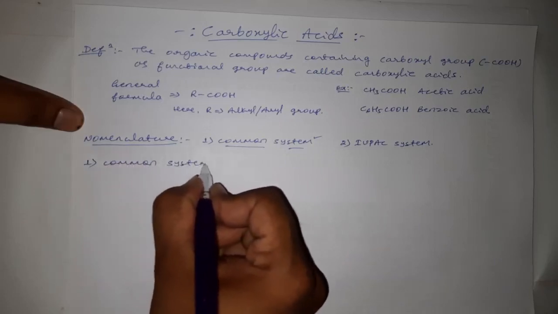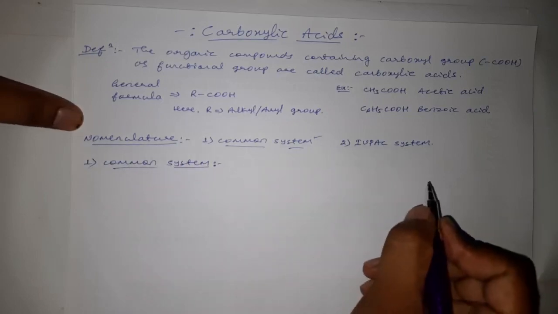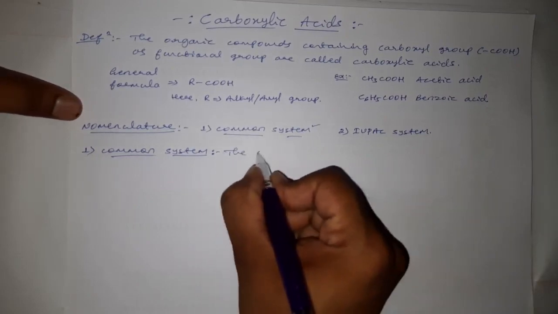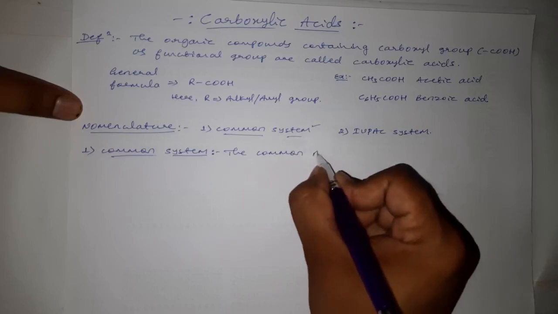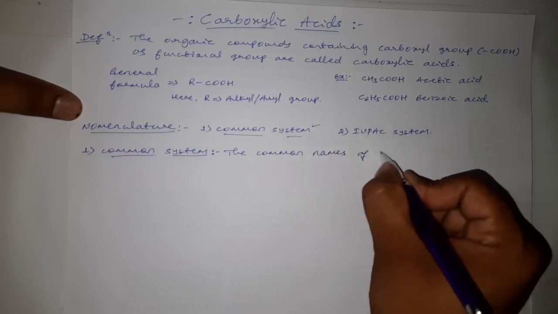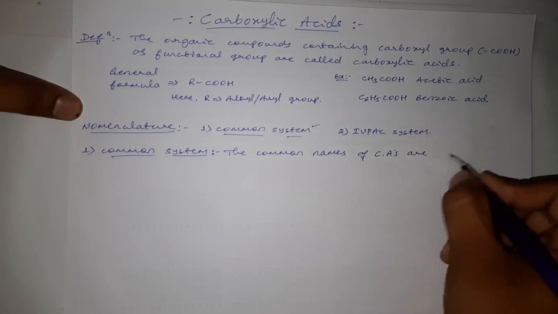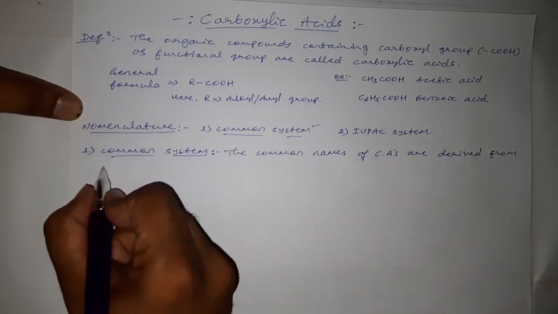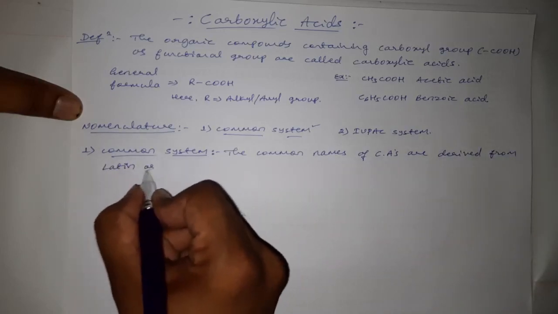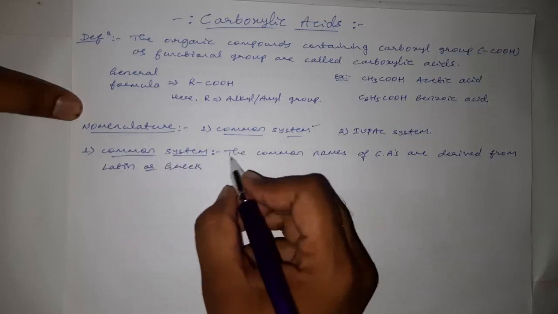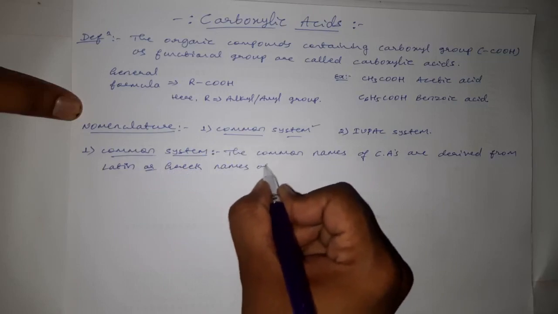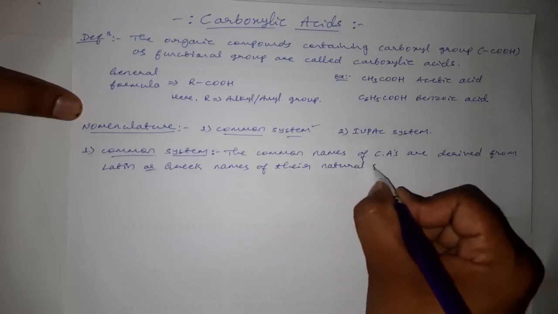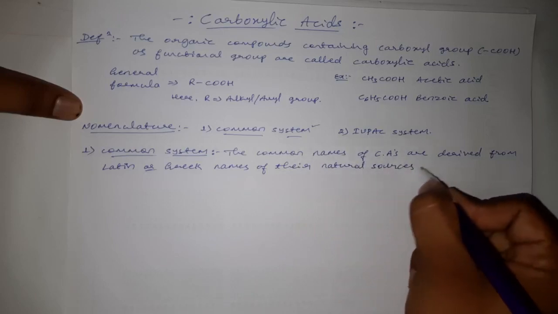Common system of nomenclature for carboxylic acids, and here we can write the common names of carboxylic acids are derived from Latin or Greek names of their natural sources.